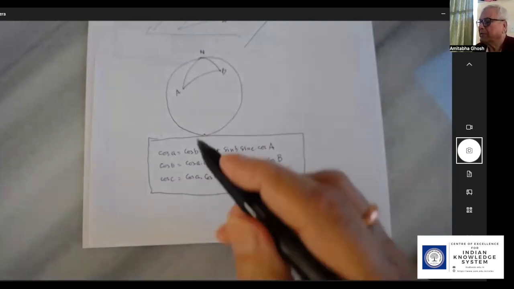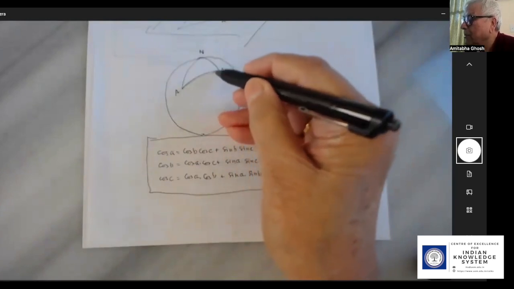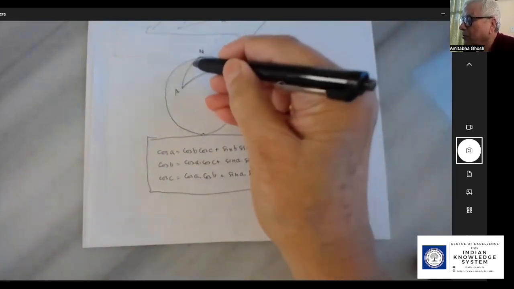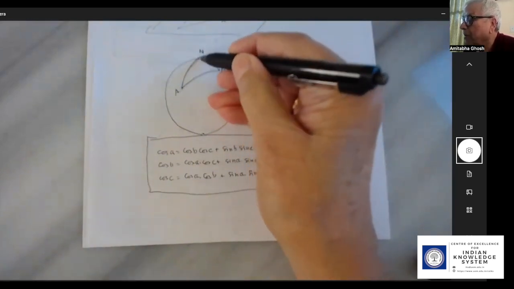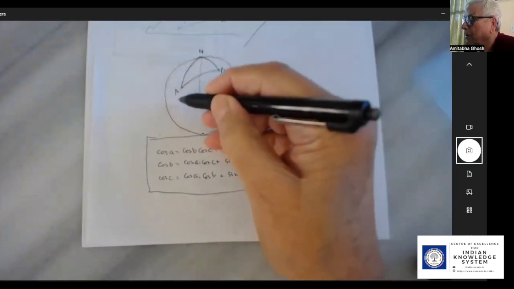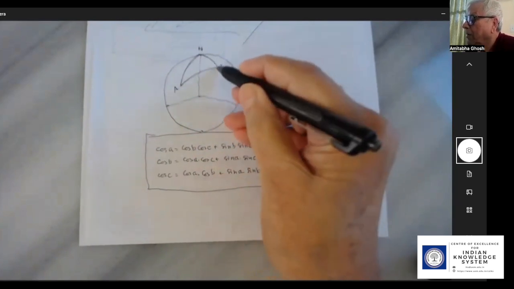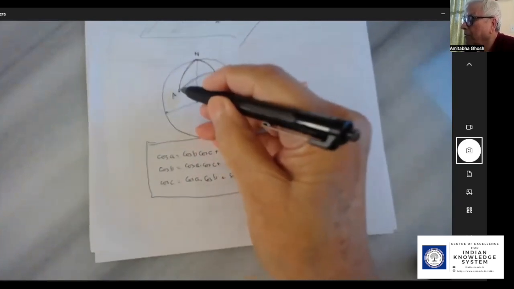Like, for the distance between LA and New York, this is the thing we have to find out. This was known, which was nothing but the co-latitude of LA. This is again nothing but the co-latitude of New York.